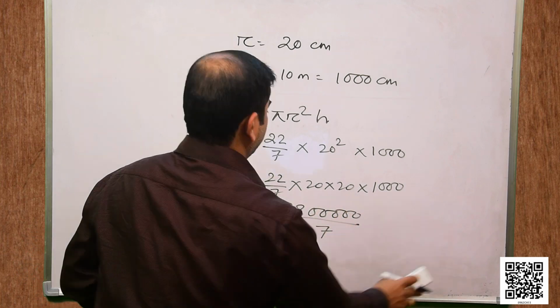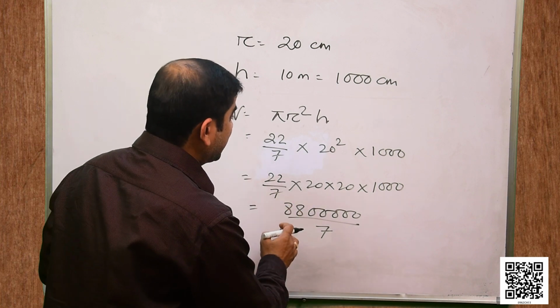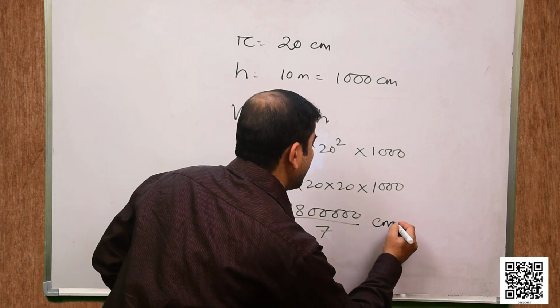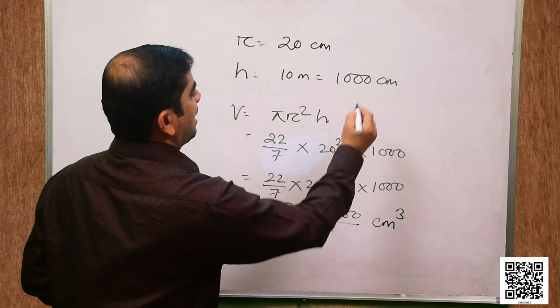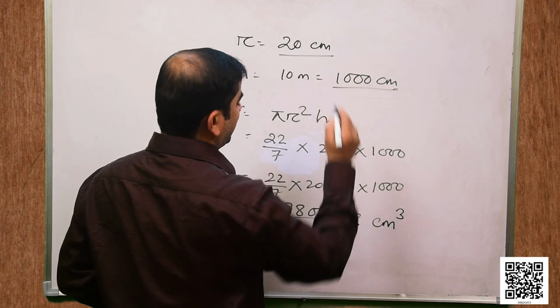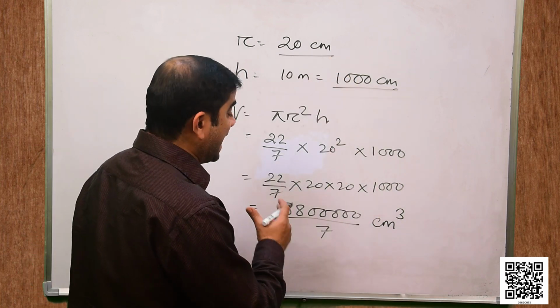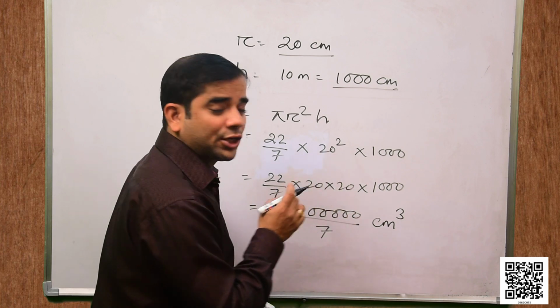So, students, this is in centimeter cube because we have taken the unit as centimeter. So the volume is 88 lakhs centimeter cube.